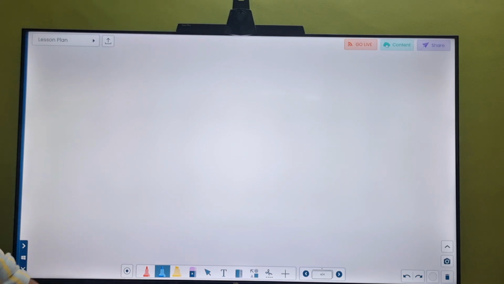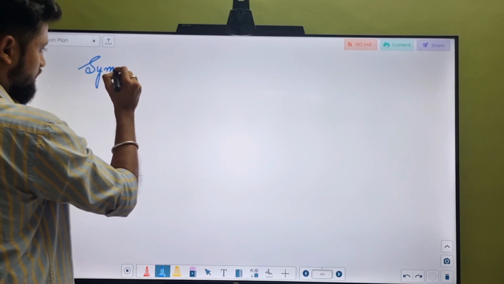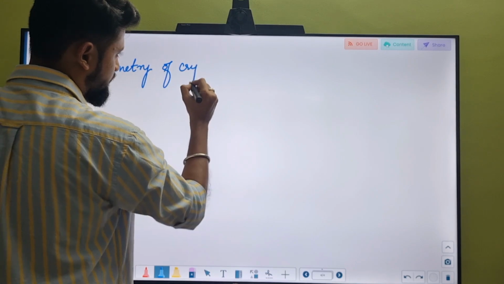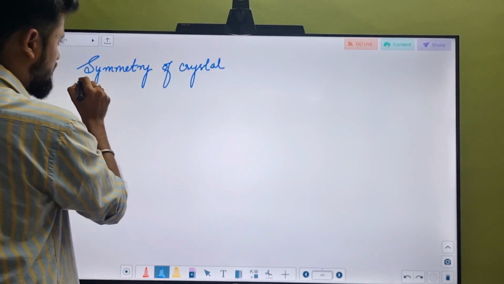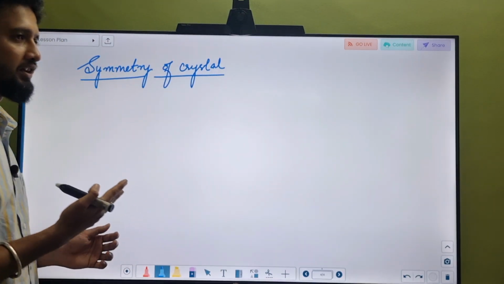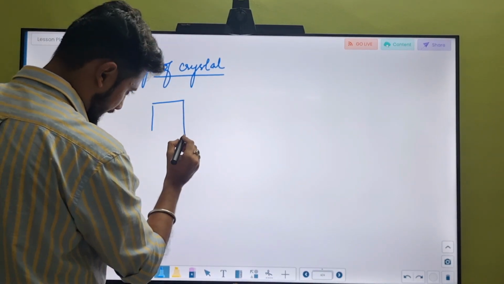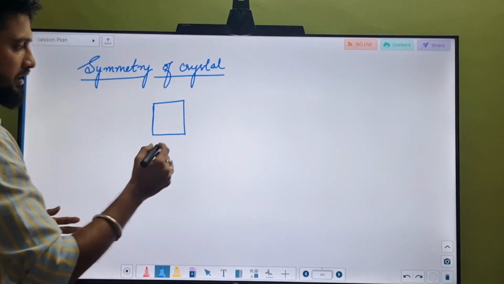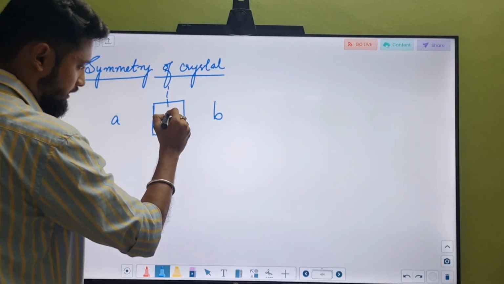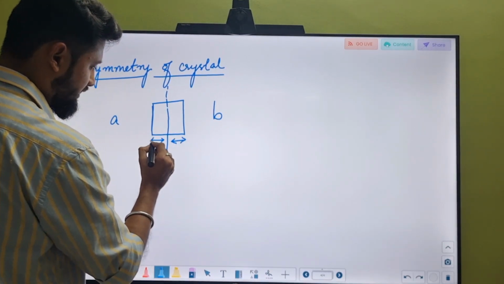so now next we'll move on to the symmetry of crystal. Symmetry of crystal. So we all know what symmetrical means. When you have a piece of square cake, and you want to divide it in two, what will you do? You will cut it exactly in half, yes, to share the equal amount.